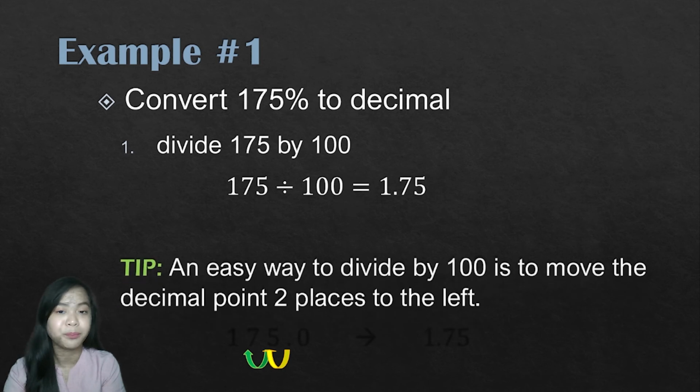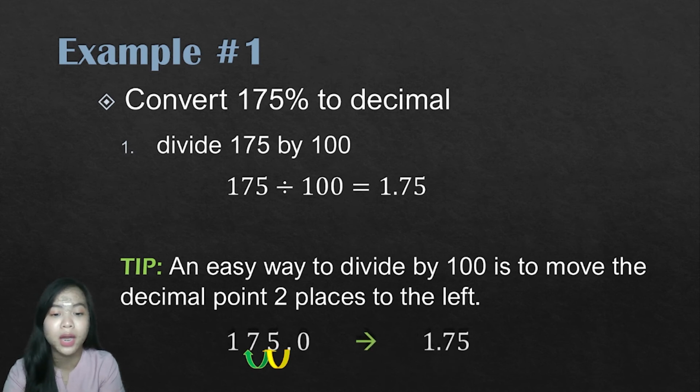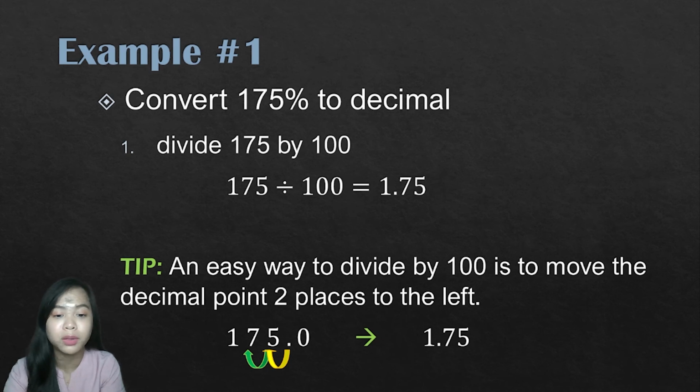Again, as it says in the previous slide, the easiest way to divide by 100 is to move the decimal point 2 places to the left. So we move it from here to here and then here. So we have the equivalent of 1.75 in decimal.